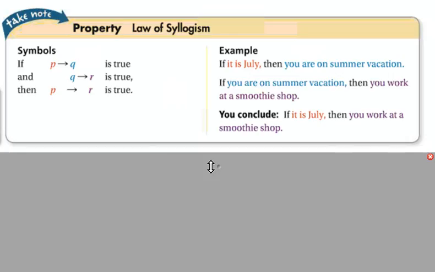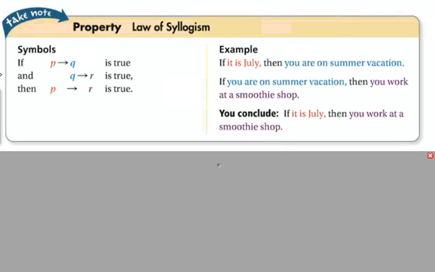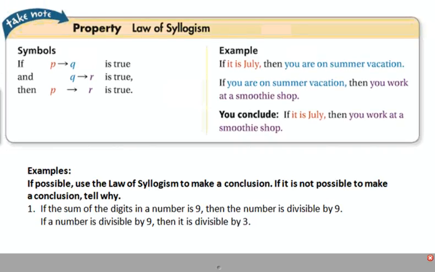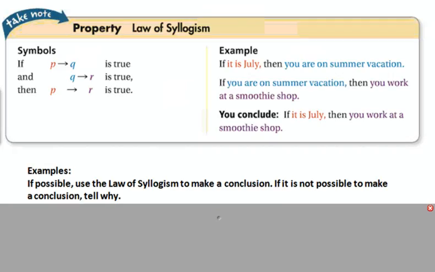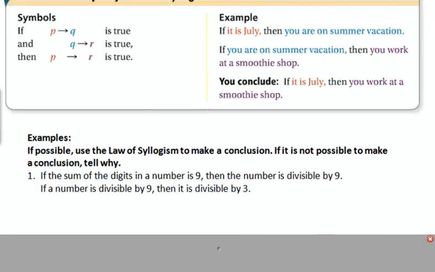All right? We're going to use things like this law of syllogism a lot. It's also a property for when we're doing proofs. So here's an example. It says, if possible, use the law of syllogism to make a conclusion. If not, tell why. All right, examples.